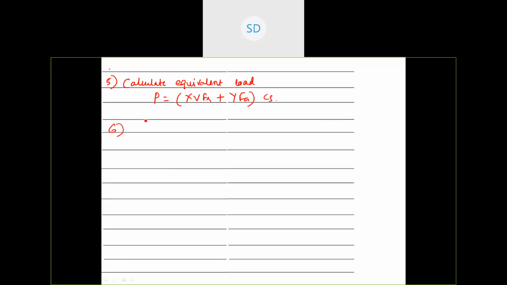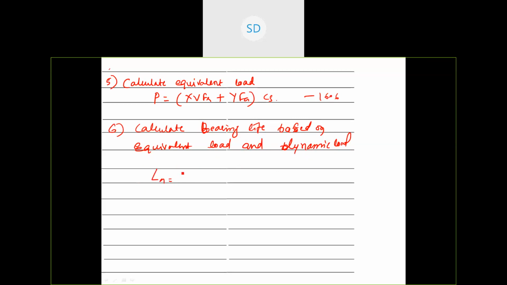Next step, calculate bearing life based on the equivalent load and the dynamic load, referring to equation numbers 16.4 and 16.6.